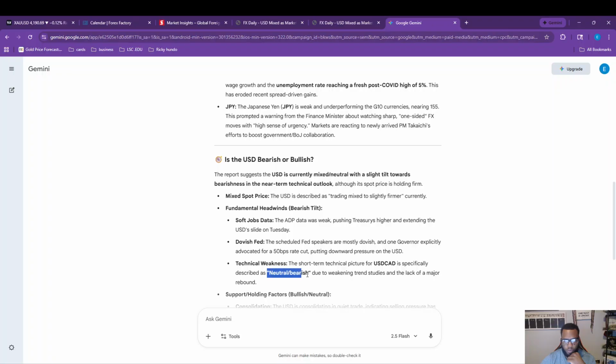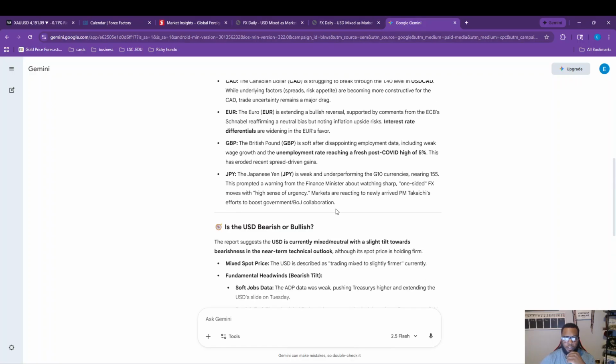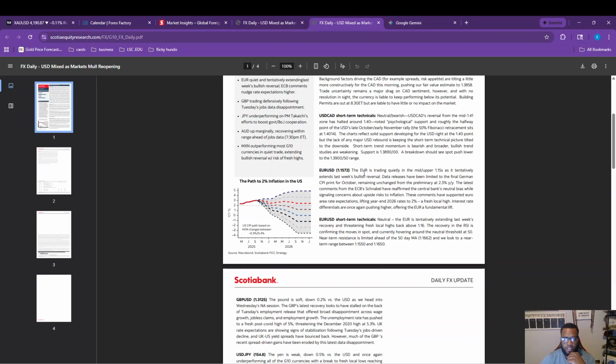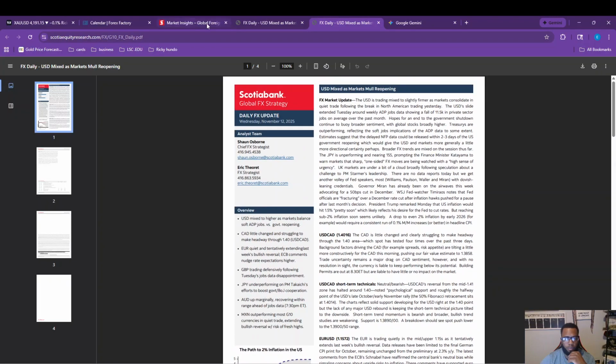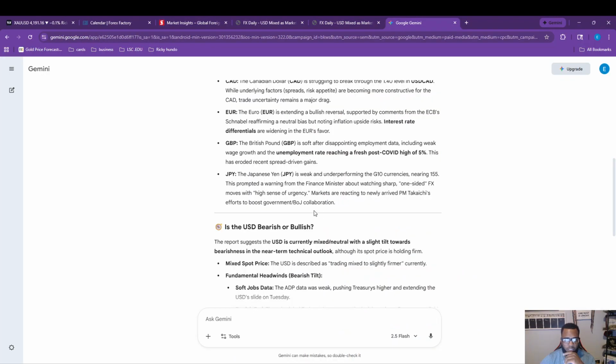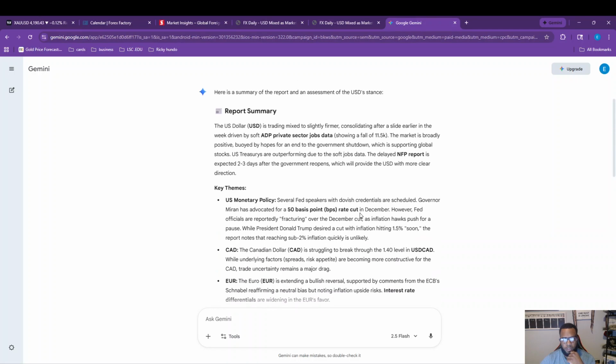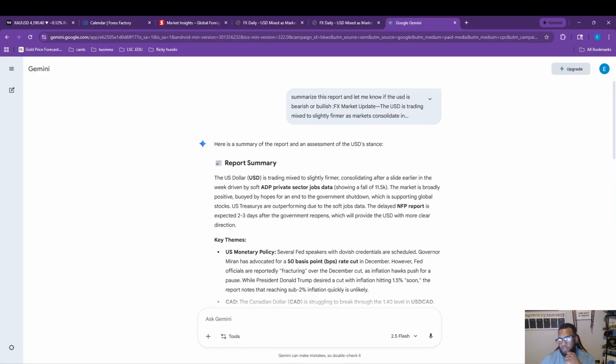Neutral, bearish, it speaks in layman's terms, no disrespect, but it dumbs it down for you instead of reading this and trying to understand the lingo in the report. So that's a big gem that I use when it comes to utilizing ChatGPT.